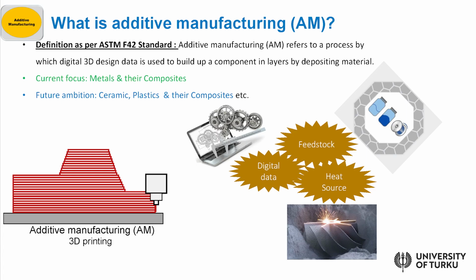And the last ingredient is the heat source. In this case, we can have a laser beam, an electron beam, or a plasma, for instance. Now together these 3 ingredients can create 3-dimensional components in a layer by layer fashion, just like what you are seeing in this schematic here. So this is additive manufacturing.